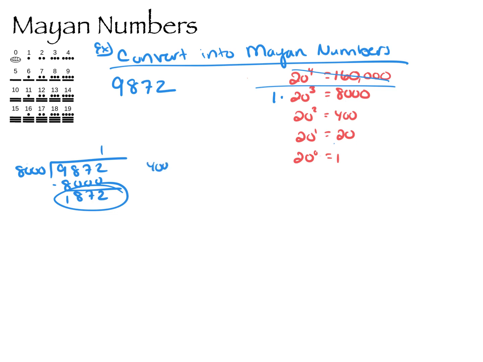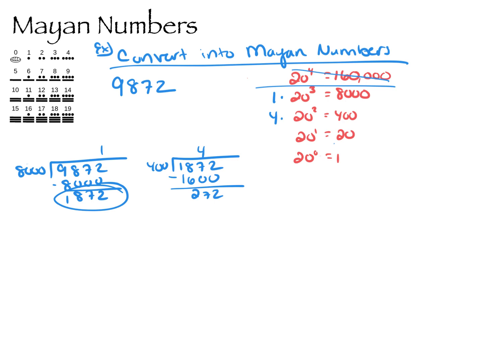So 400 divided into 1,872. 4 goes into 18 4 times. So this would be 1,600. And that will give us a remainder of 272. So there are 4 400s.